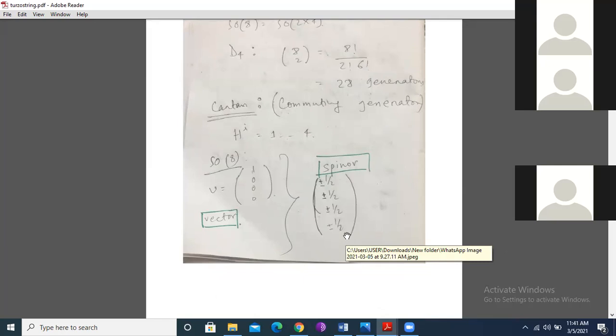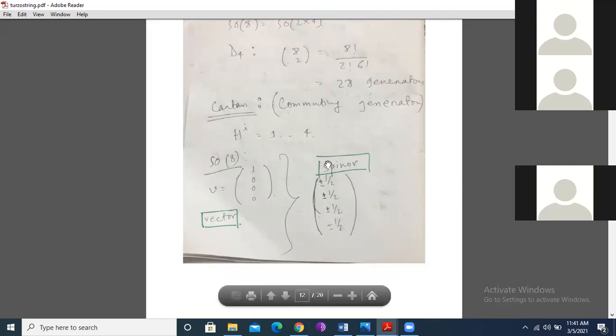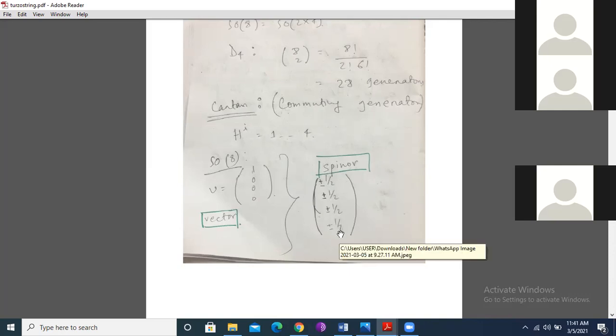If you have even numbers of minus halves, I'm calling those representations non-chiral representations. And if they have an odd number of minus halves, then I will call them chiral representations.